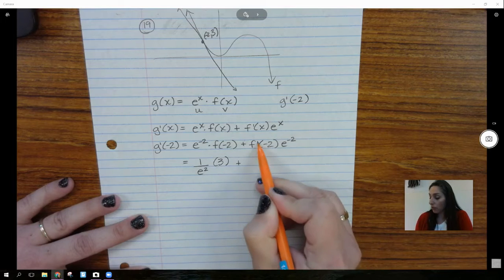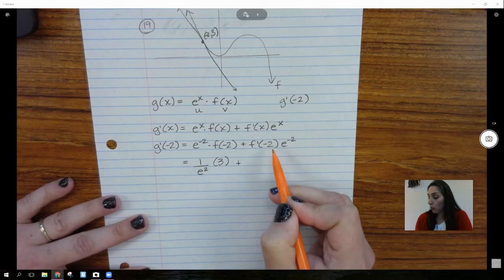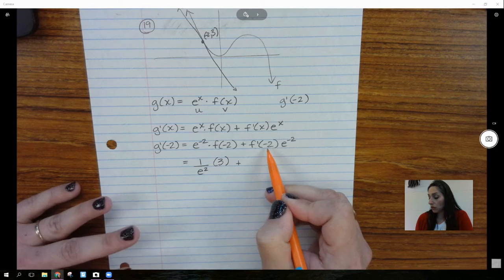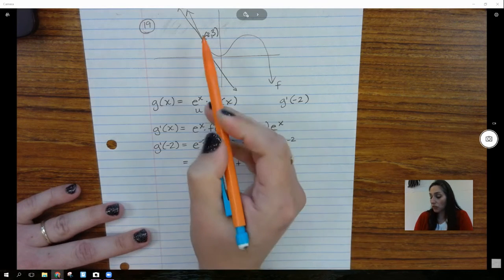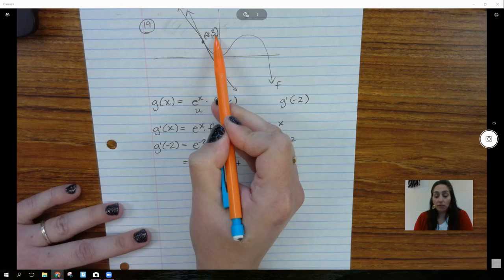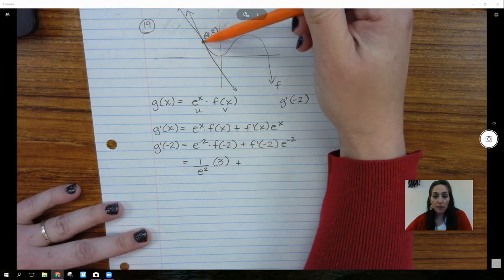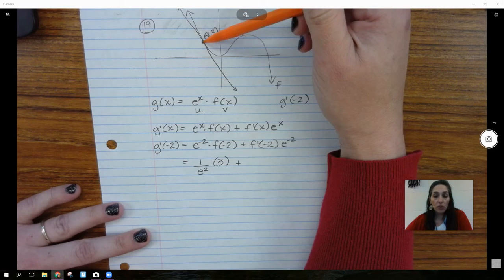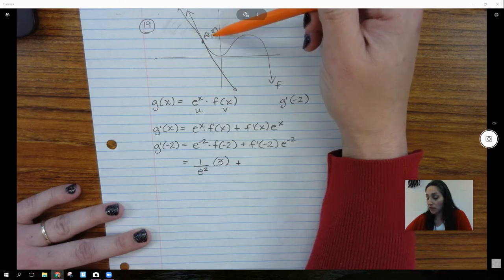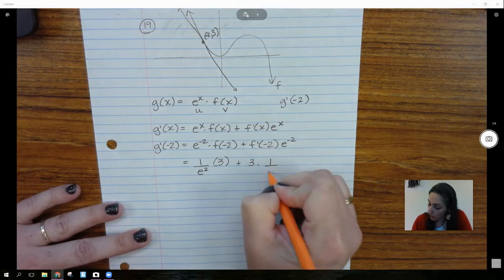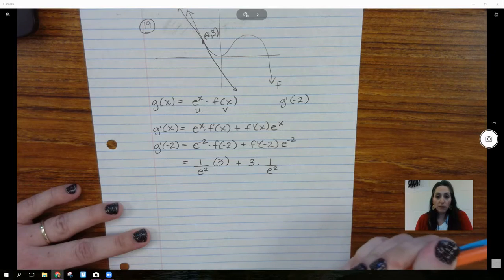Then f prime of negative 2 is the derivative at negative 2, which is also 3. Remember that the tangent is the same as the slope, so this is also going to be 3, and then times 1 over e squared, like that.